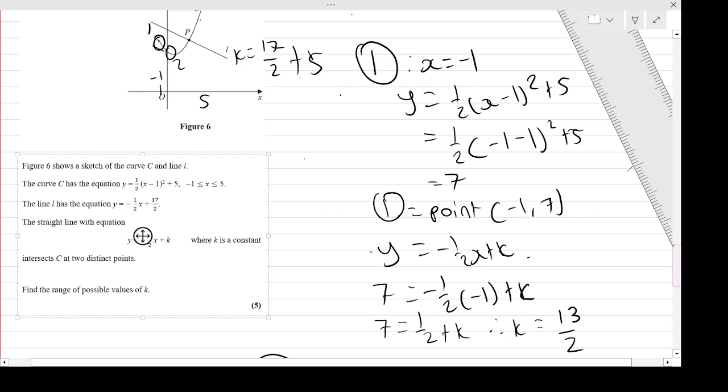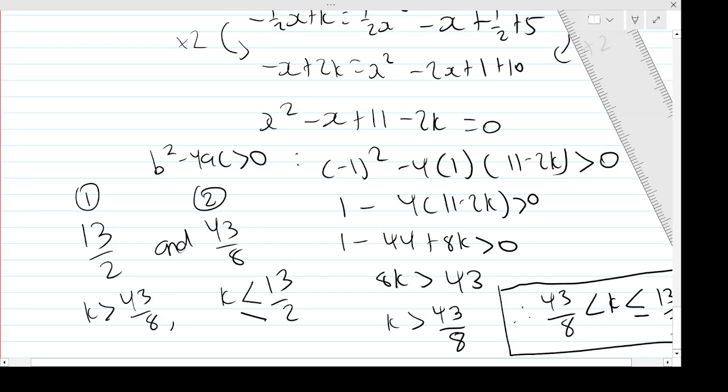We need to also consider another bound, which is where the curve branches off right at point 1, where x is -1. That gives us two values of k to consider, and therefore we eventually get this here.